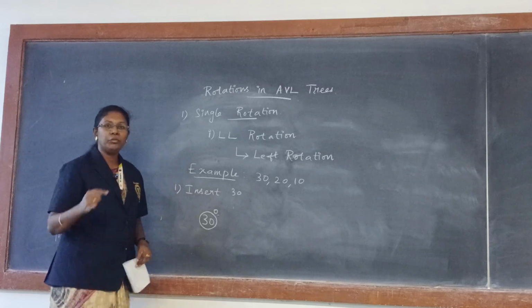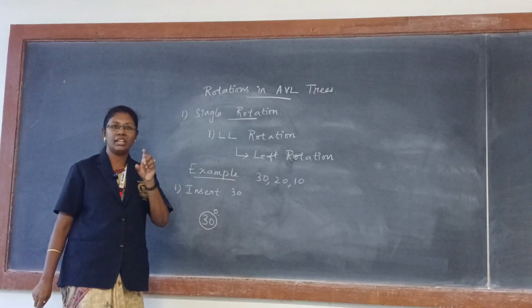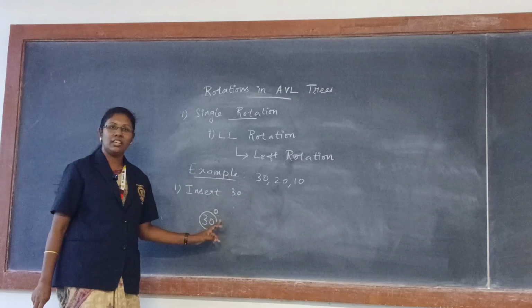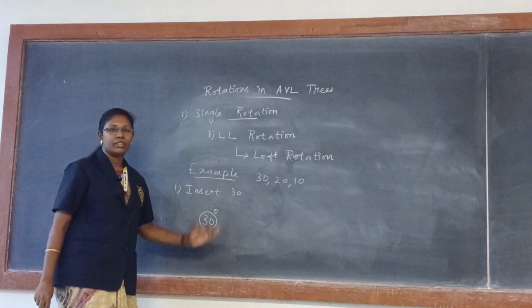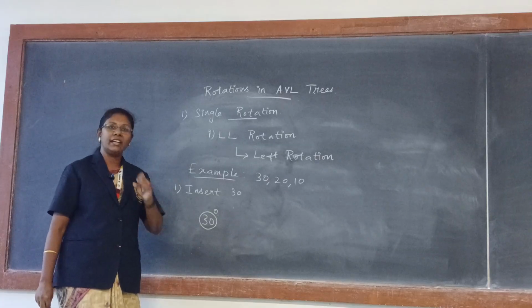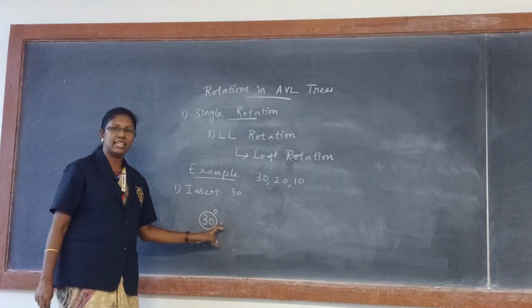Also, all the leaf nodes of a tree will have the balance factor 0 only, as there is no left or right child attached to that leaf node.